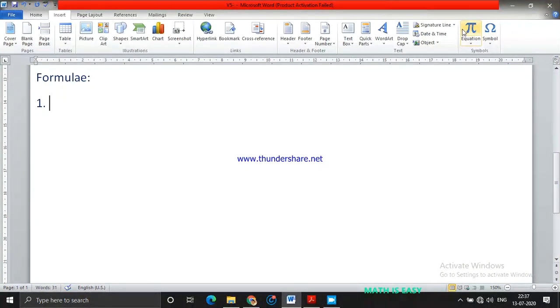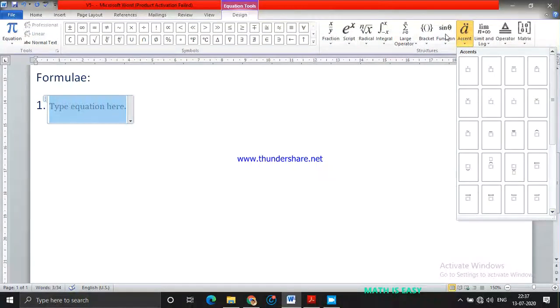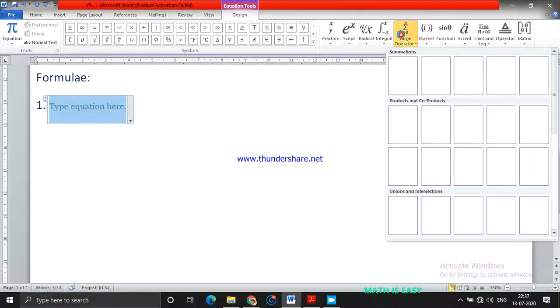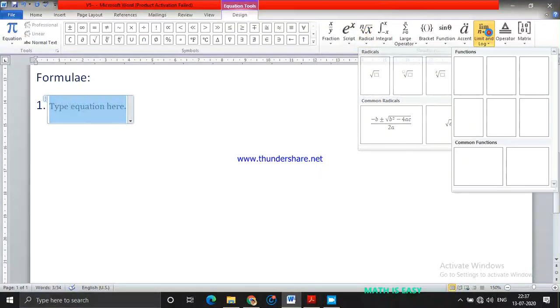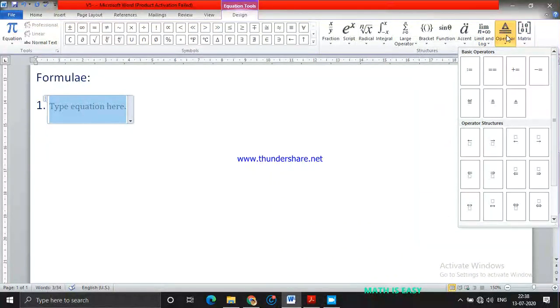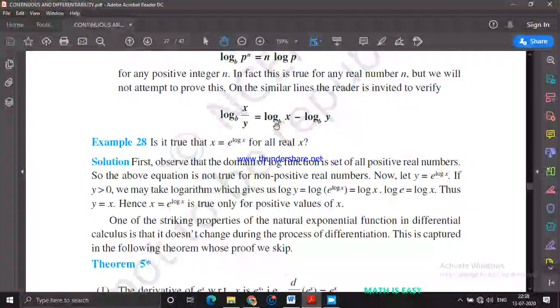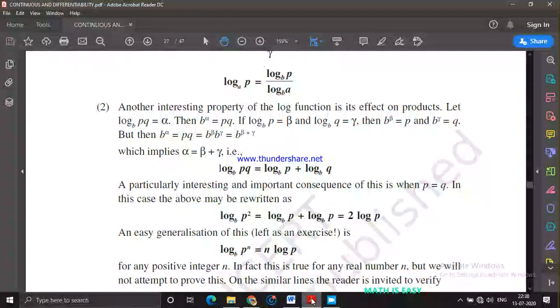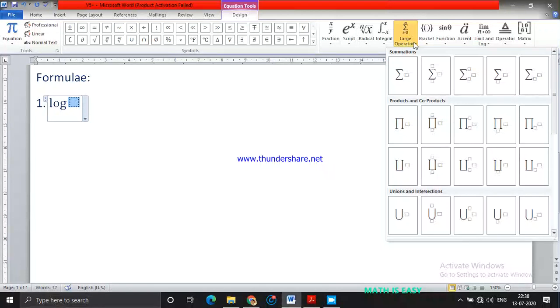We are studying log functions, right? The first formula we studied is log p to the base a.